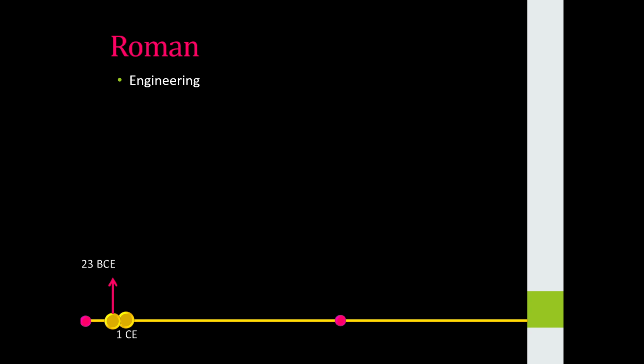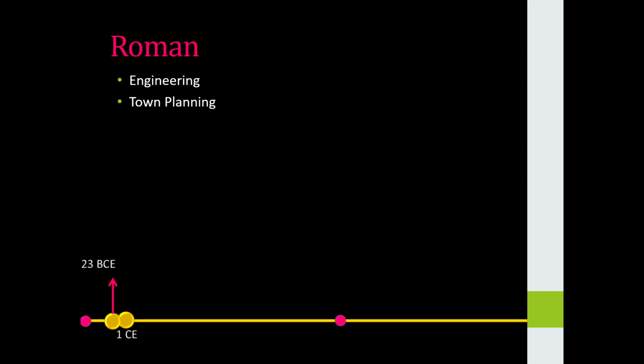Now, Romans, since they absorbed a lot of the Greek ways of being, right? They also followed the same concept of really allowing the mind and those who are thinkers to think and to grow. So engineering was one of those elements and areas of Rome that really expanded, that allowed Rome to be architecturally one of the strongest empires that ever existed.